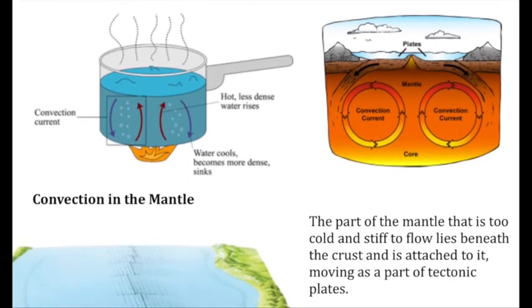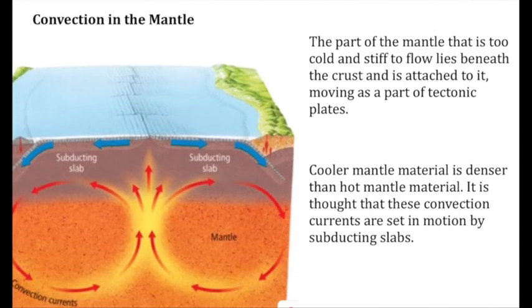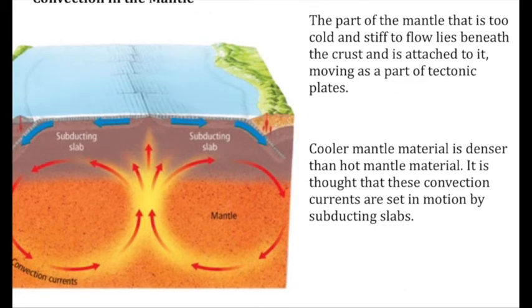So the mantle can have convection currents too. The heated material is going to rise up, and the cooling material is going to sink, behaving just like a pot of boiling oatmeal.